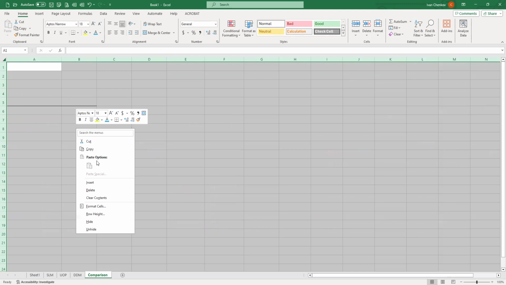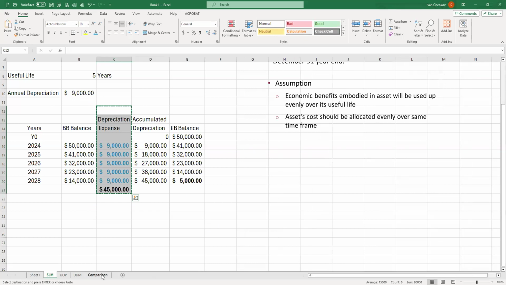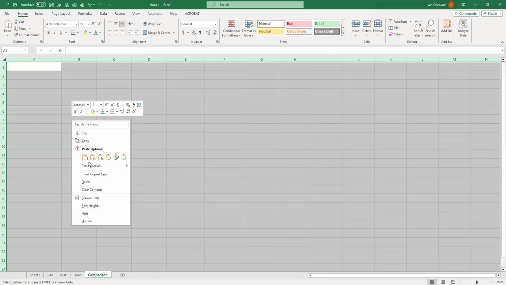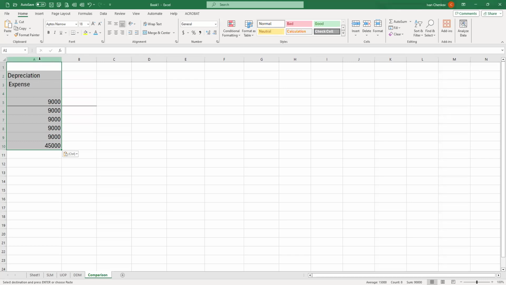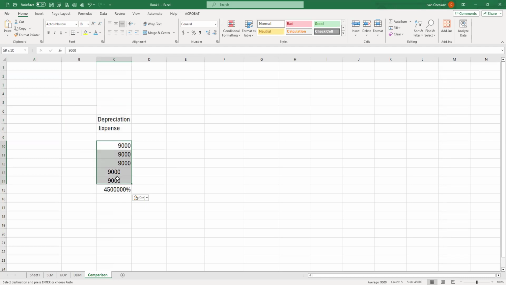So for the straight line method, sorry, I have to copy it again. That will be our allocation. That will be our numbers. And the total will be $45,000.